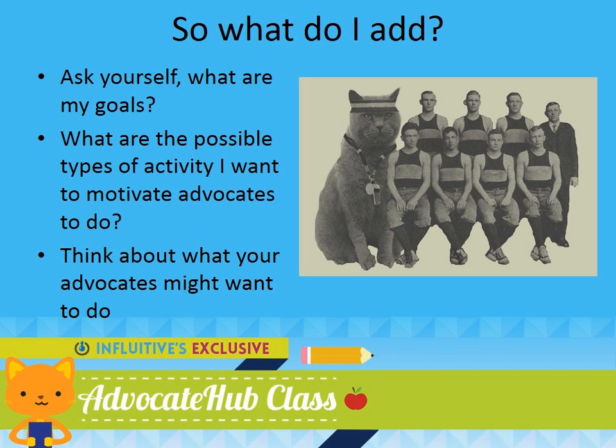So you're really just trying to think about what are the possible types of activity that I want to motivate my advocates to do. But at the same time, also think about what your advocates might want to do. And don't just make it all about you asking them for something. Try to be a little bit more empathetic and think about things that they're also going to think are fun and enjoyable and that they also might want to do.